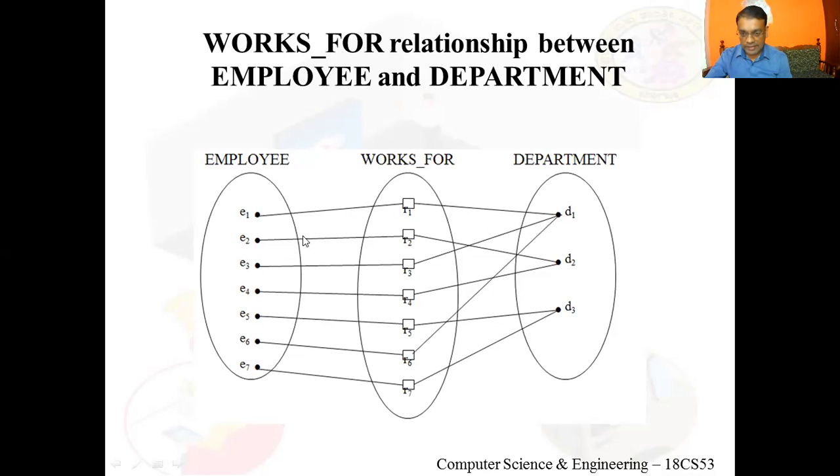That means N employees work for one department, so the cardinality ratio is N. The constraint is that N employees can work for one department, and the reverse is not possible. One employee cannot work for more than one department, so that requirement is not given. N employees work for one department. This is the n:1 cardinality ratio.